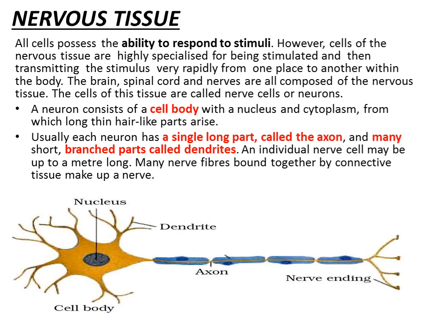The last type of animal tissue is nervous tissue. The function of nervous tissue is to receive stimuli from within the body or from outside the body.